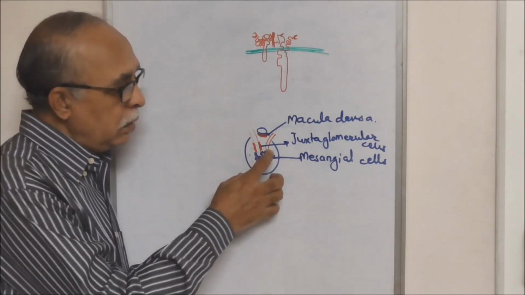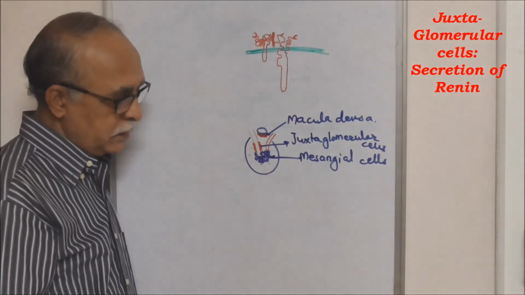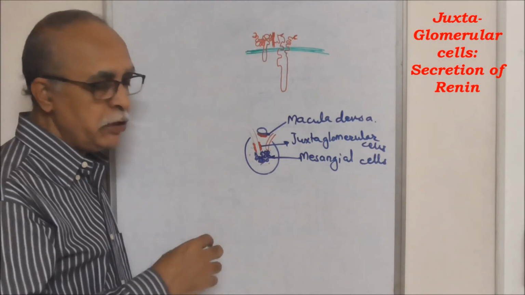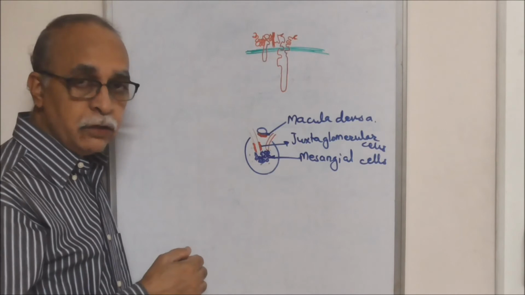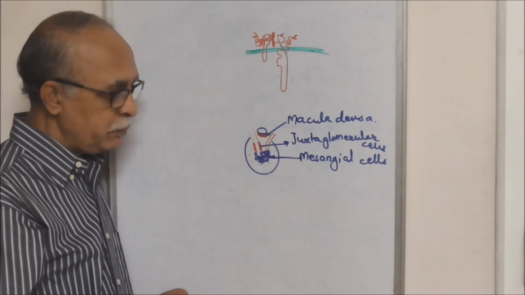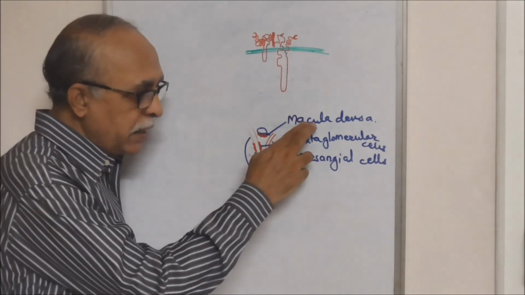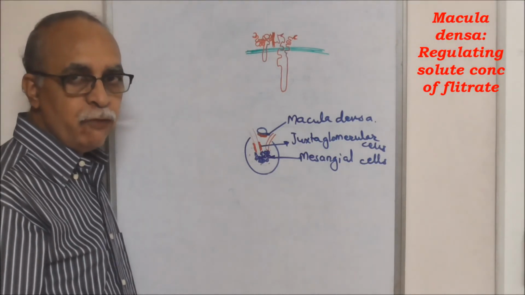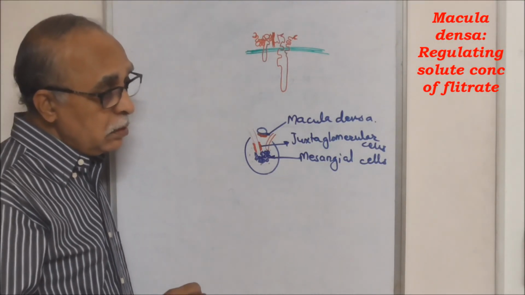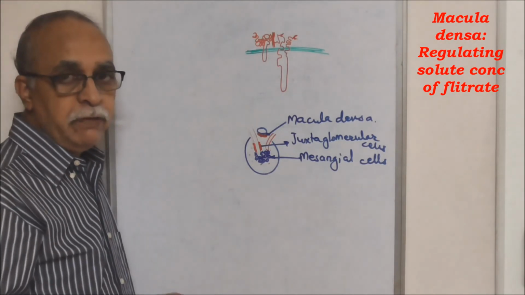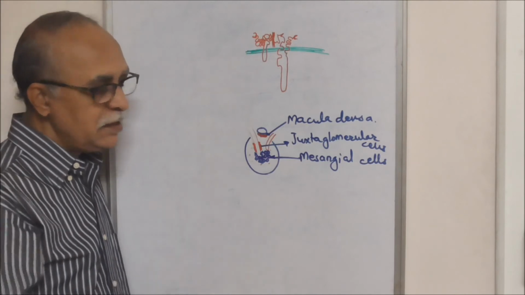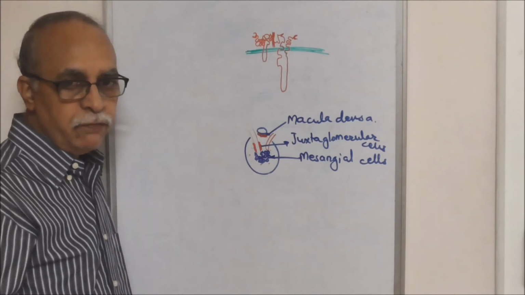Juxtaglomerular cells are responsible for secretion of renin, which has an important role in maintaining or regulating the arterial blood pressure. Macula densa is a bunch of cells responsible for monitoring the mineral or solute composition of the filtrate, the filtrate that is going to form the urine finally.